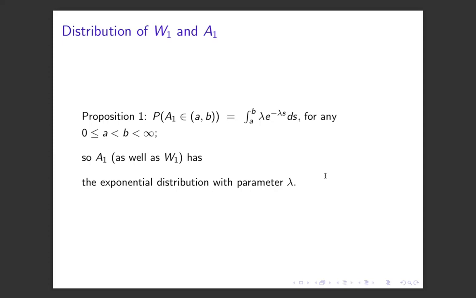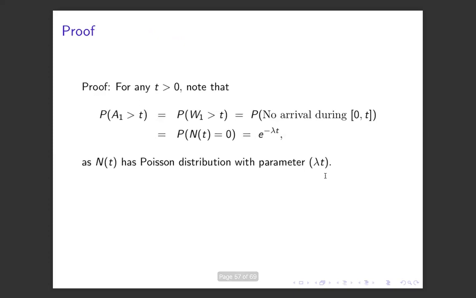Okay, the proof is fairly simple. For any t greater than 0, the probability that A1 is strictly greater than t, which is the same thing as the probability that W1 is strictly greater than t, means that during the interval 0 to t, closed interval, there is no arrival.